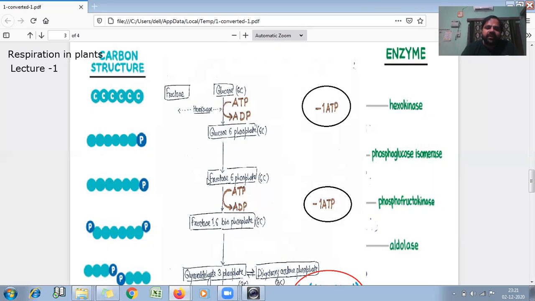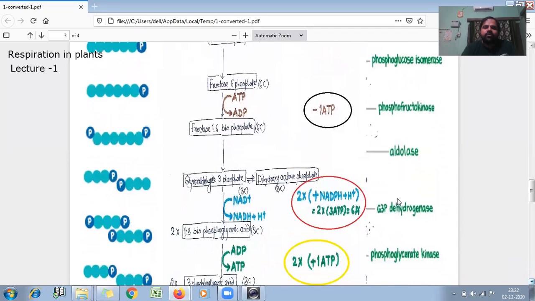Now we can see here that fructose 6-phosphate has been converted into fructose 1,6-bisphosphate by utilization of an ATP. Now this fructose 1,6-bisphosphate is converted into glyceraldehyde 3-phosphate and dihydroxyacetone phosphate.